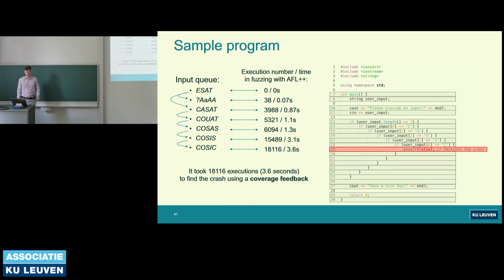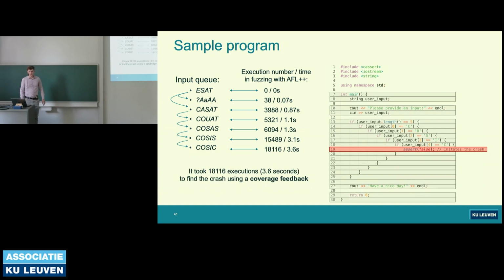So the throughput of the fuzzer, at least on my laptop, was around 5,000 inputs per second. And this is how long it took for the fuzzer to find the crash using the coverage feedback. You can imagine that if it was a random fuzzer, it basically would have to brute force a 5-letter word, and it would take much, much more time.